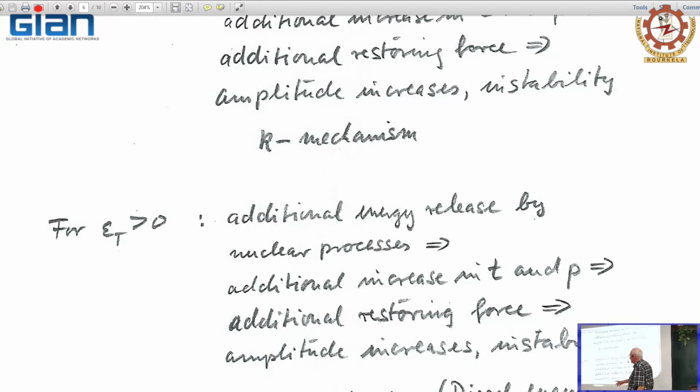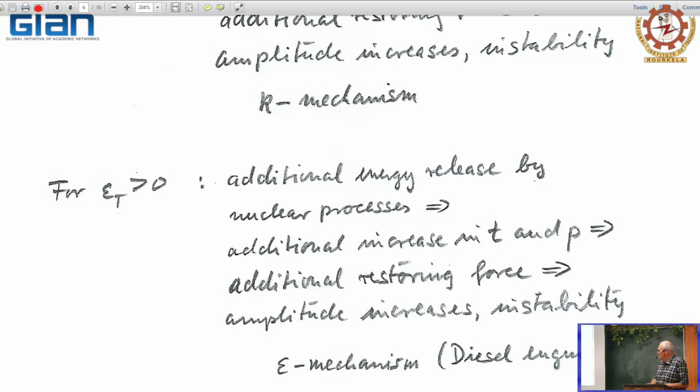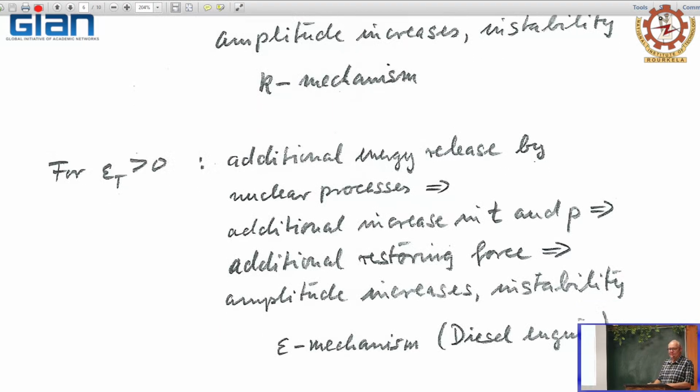That means that the change of the energy production rate, the energy generation rate, epsilon, must be positive. Epsilon T must be positive. The energy generation must increase with temperature. Then this diesel engine or turbofan engine mechanism will work.